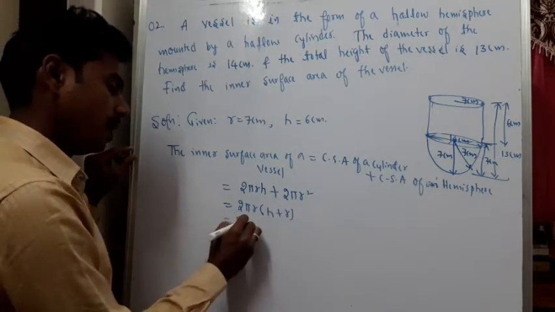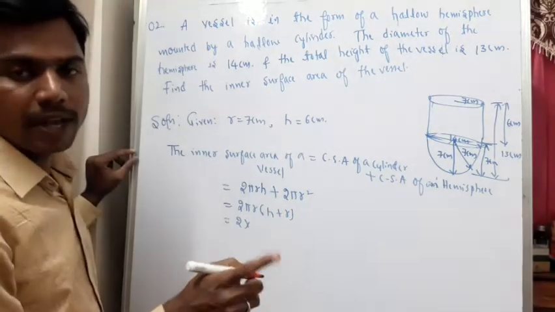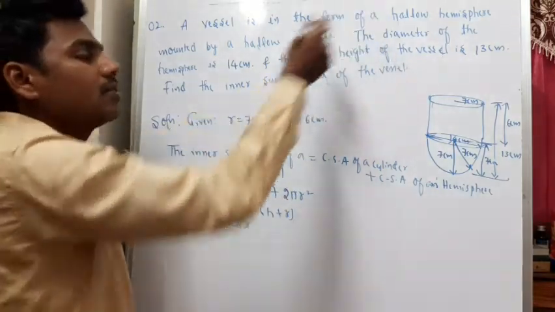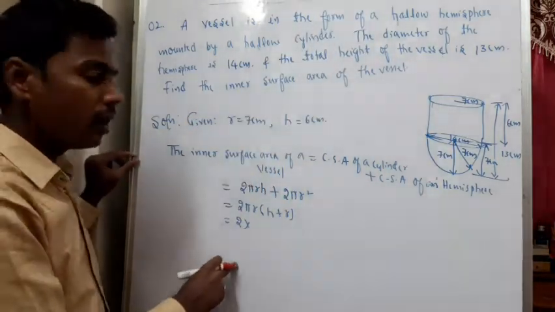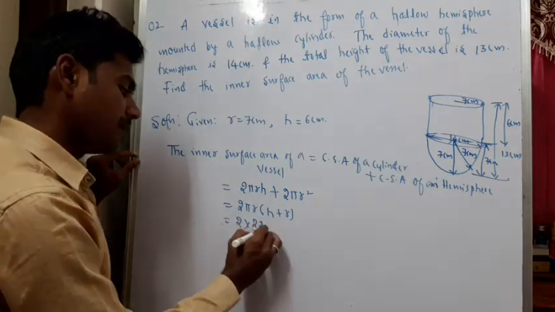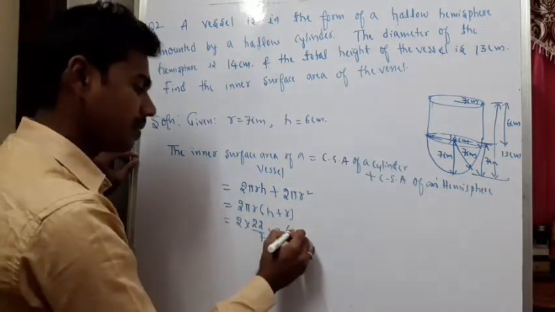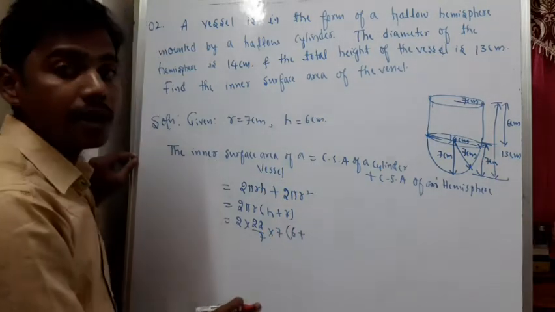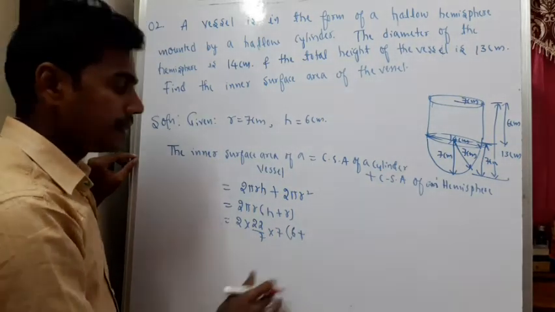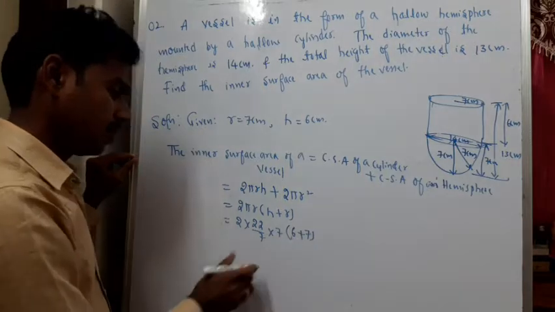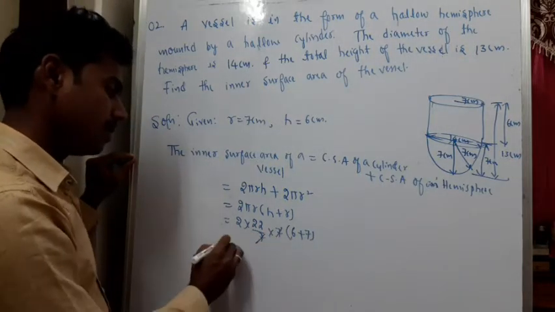So 2 into, unless stated, you should use pi is equal to 22 by 7. They have not stated anything. I am going to make use of 22 by 7. What is r? 7. What is h? H is 6. Plus what is r? R is 7. Now this 7 will get cancelled.